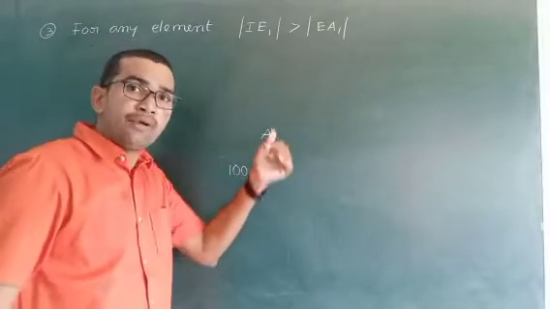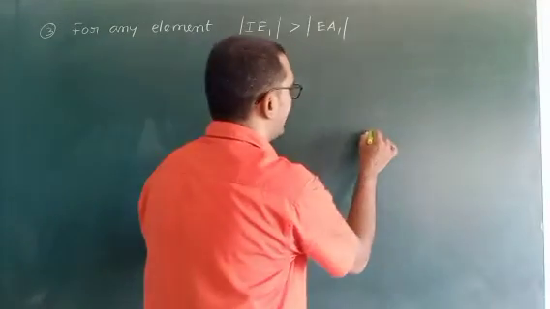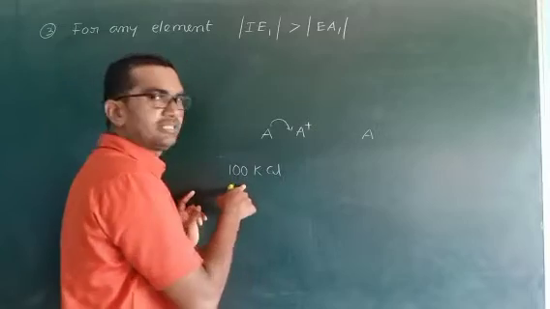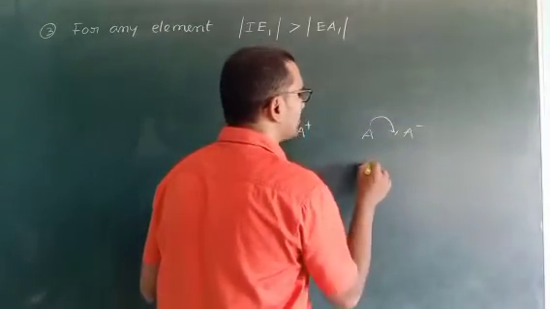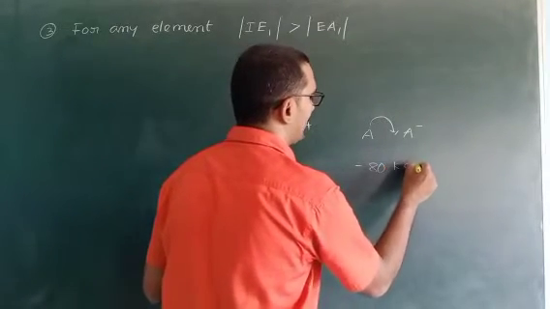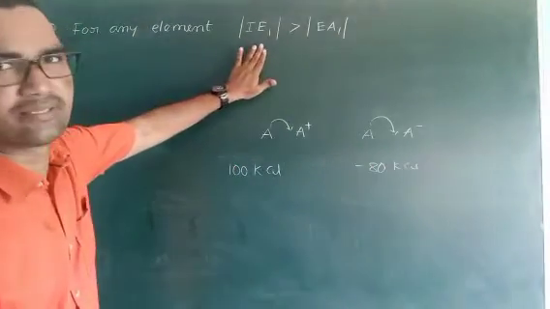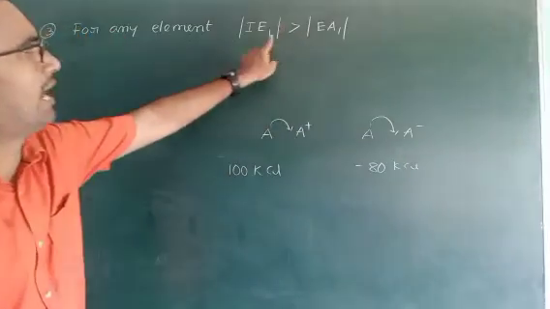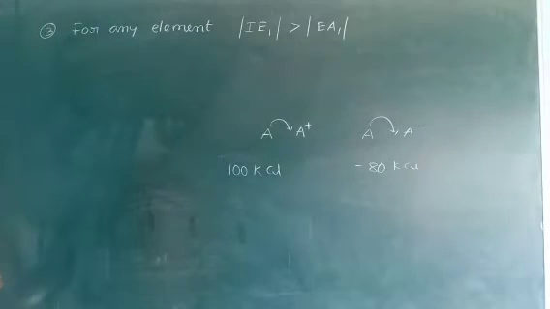Now adding one electron to A separately. Take two: this is one A, this is another A. For converting A into A plus, this much energy is required. Now converting A into A minus, only minus 80 kilocalorie per mole energy is released. So for any element, for removing the first electron or adding the first electron, IE1 value is always higher than the EA value.